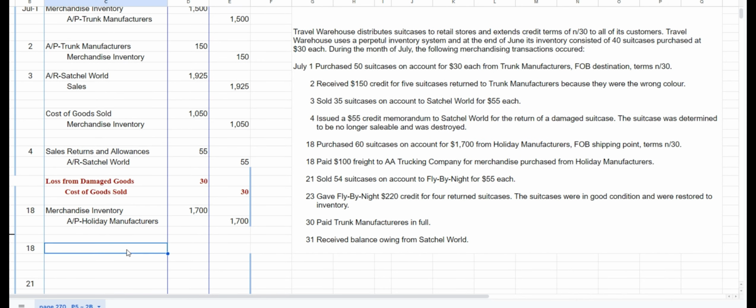So in the second one, on July 18th, it's telling you that you paid $100 freight to AA Trucking Company for merchandise purchased from Holiday Manufacturers. So when you are the buyer and you're paying freight, you're going to be debiting that to merchandise inventory, and credit to cash.